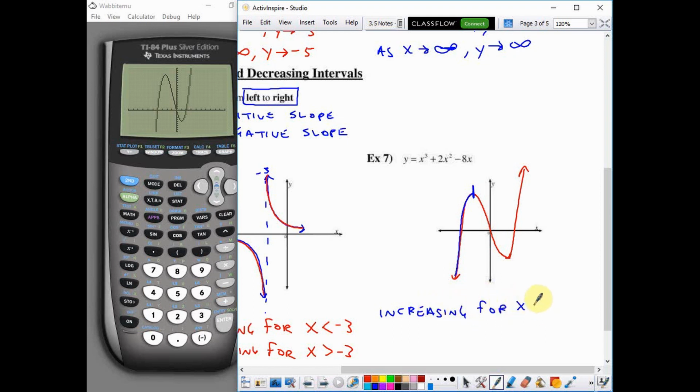For x's that are to the left of that spot, so less than, unfortunately I can't tell exactly what that x value is. So what I'm going to do is calculate, find this point.